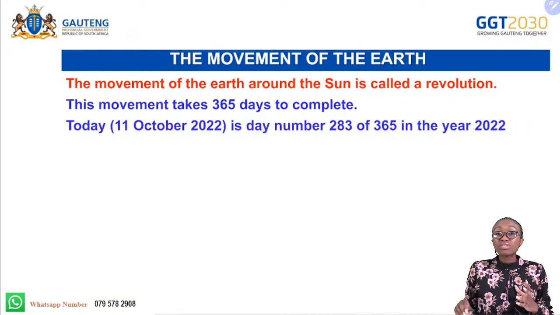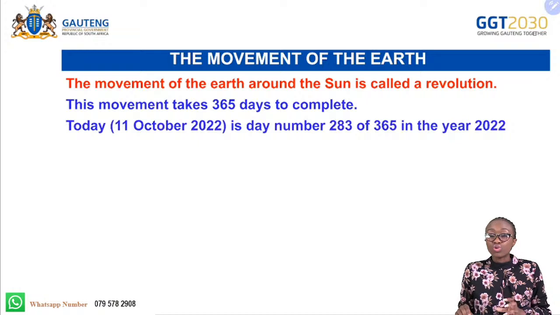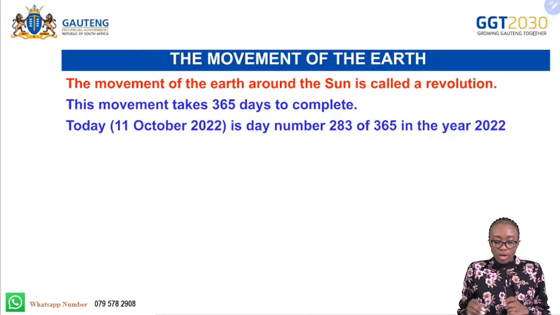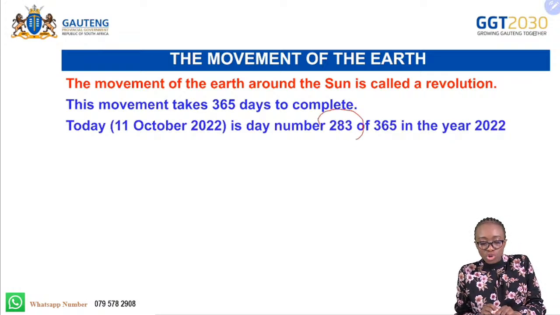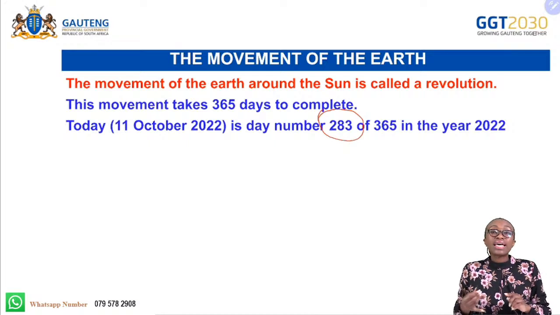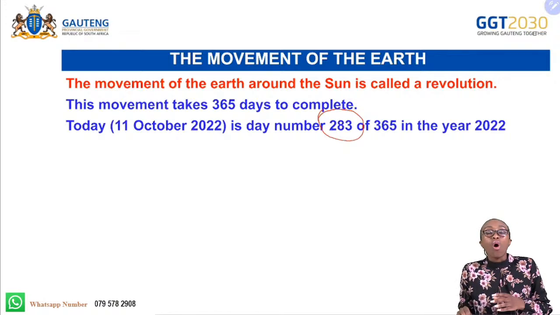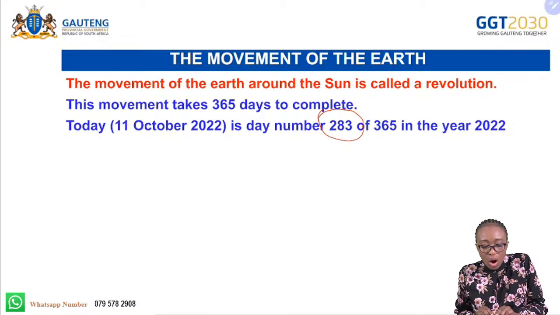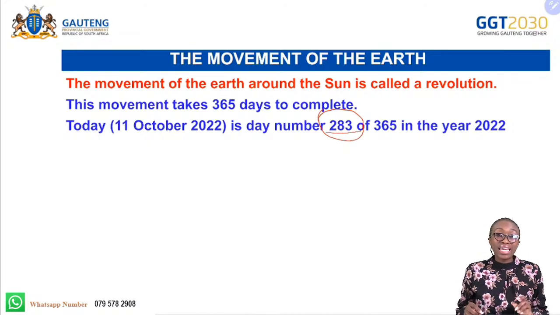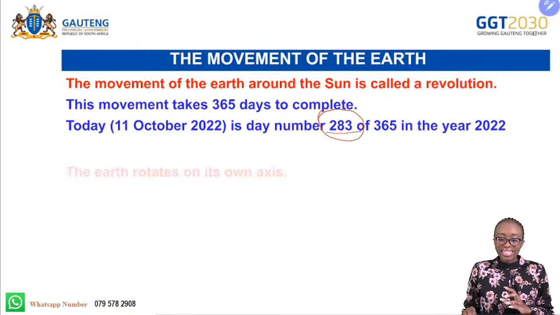Now, for example, today is the 11th of October 2022. So in the year 2022, today is the 11th of October, which means it's day number 283 out of 365 days of the year, which means the earth has been revolving for 283 days.